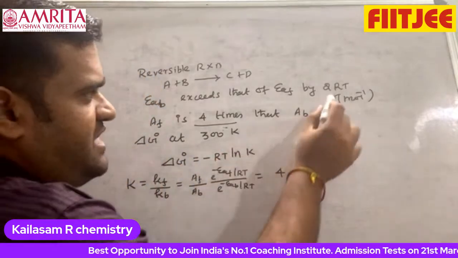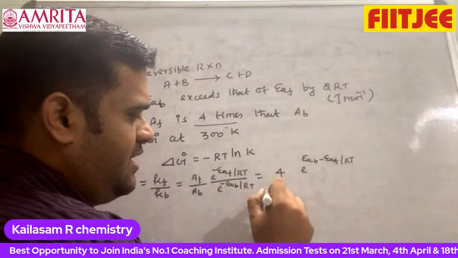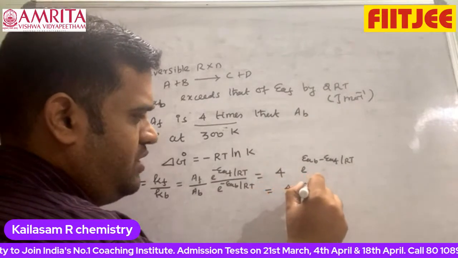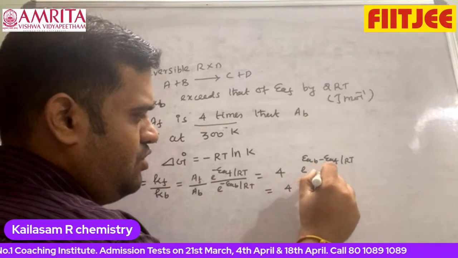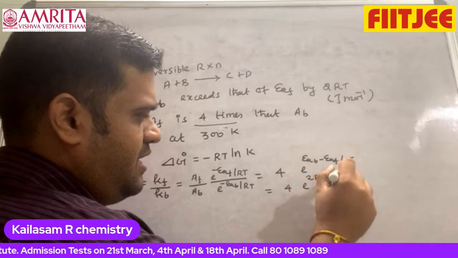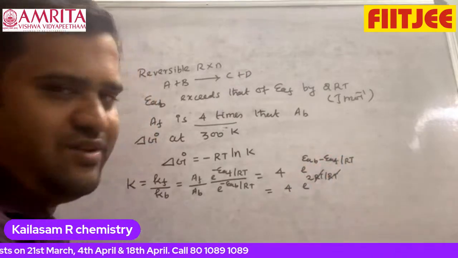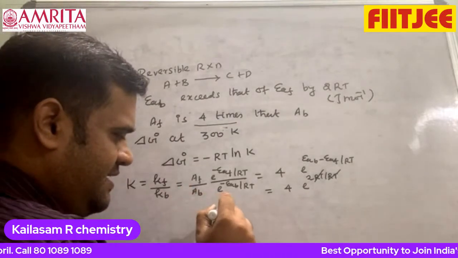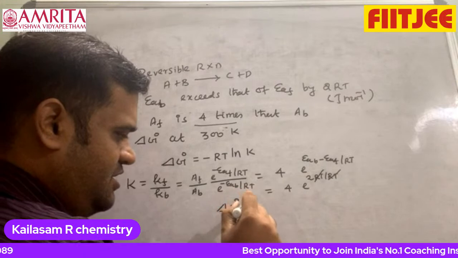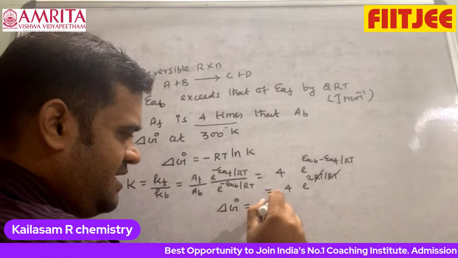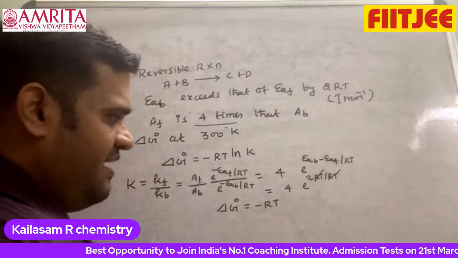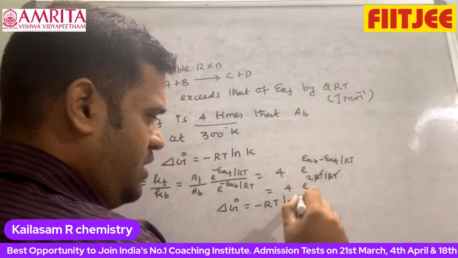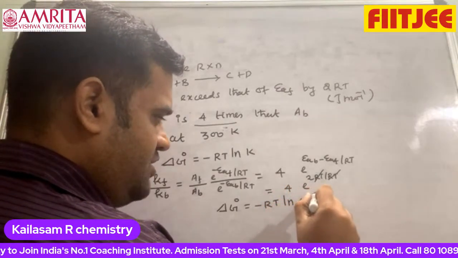Now they said how much? It's 2RT. So 4 into e to the power 2RT by RT, RT cancels. Now I can substitute: delta G naught is equal to minus RT ln K, which is 4 into e squared.